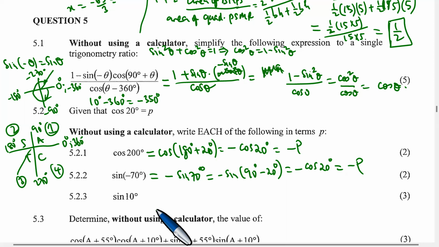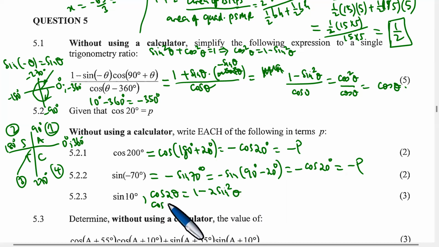The most obvious would be, if you have 10 and 20, the 20 is a double angle. It then means that we can say cosine 2 theta is the same as 1 minus 2 sine squared theta.